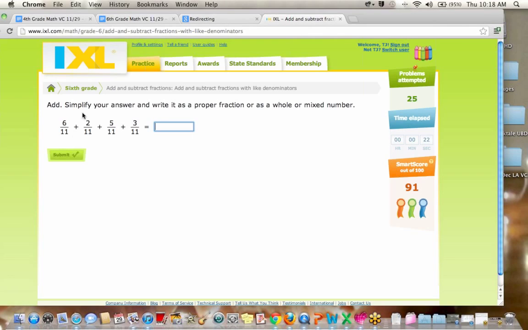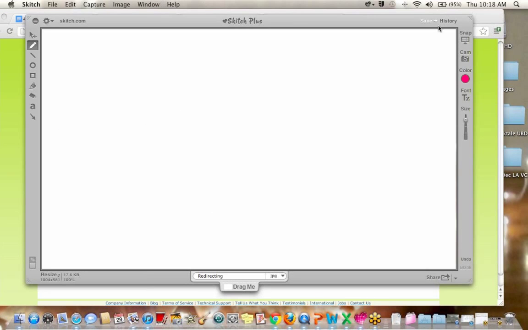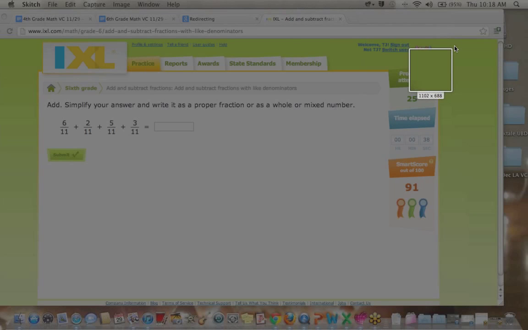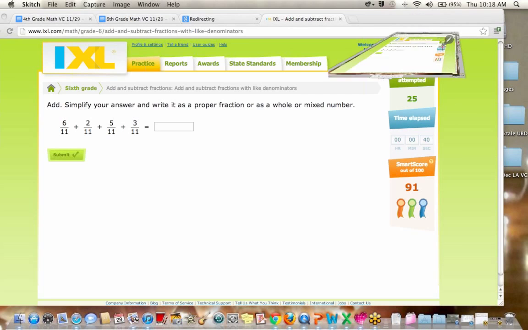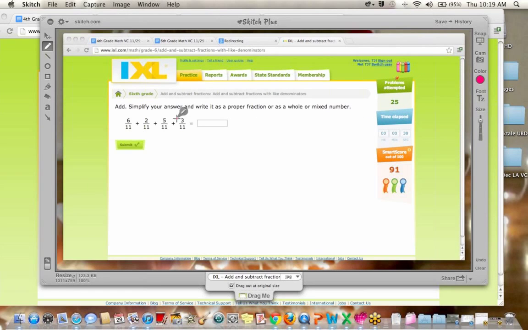You might have to think about it for a second because you're adding 4 different numerators, but okay. And I'm getting 16 elevenths. So 6 plus 2 plus 5 plus 3 is 16 elevenths, and that is a correct answer.